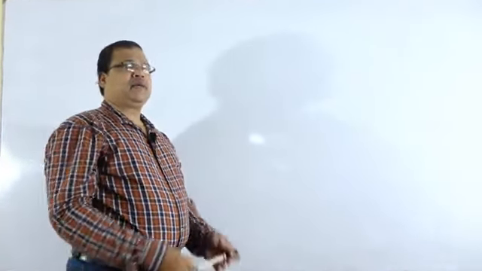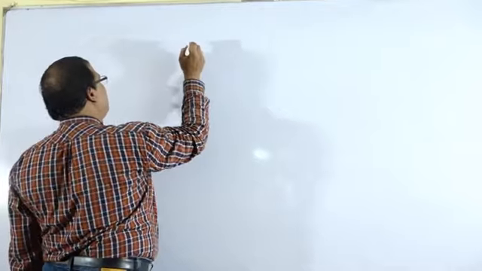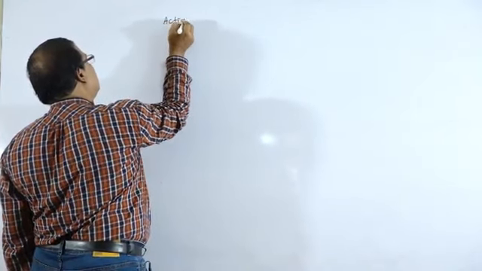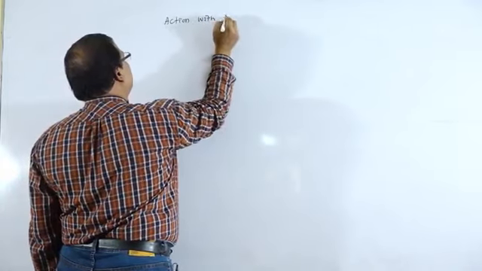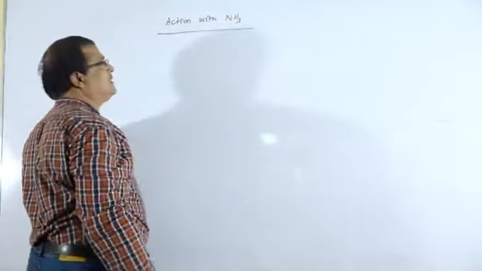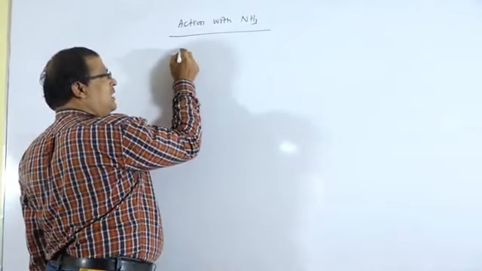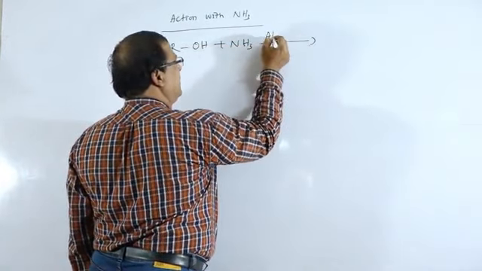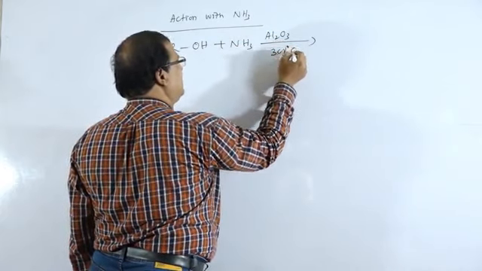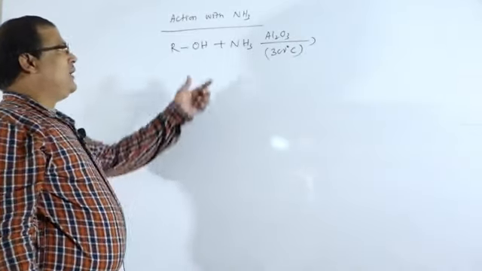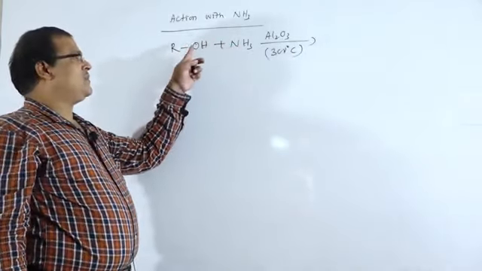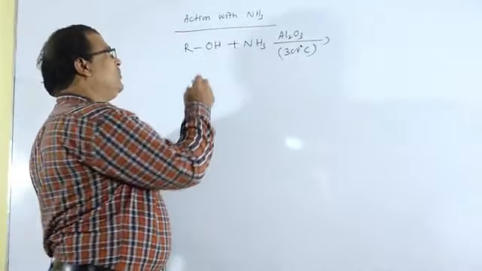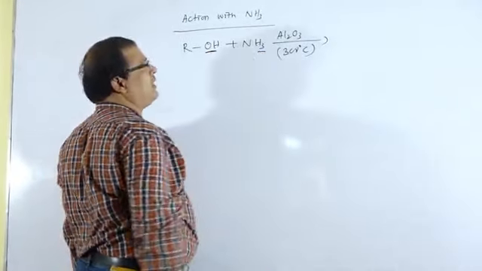Next, reaction with ammonia. Alcohols with ammonia: whenever the alcohol ROH is treated with ammonia in the presence of Al2O3 at about 300 degrees centigrade, Al2O3 being the dehydrating agent, the OH part and H part combine to form water.